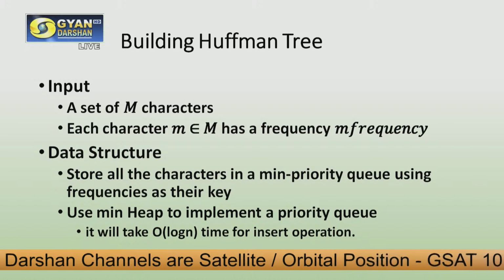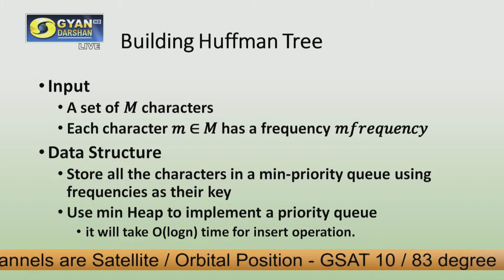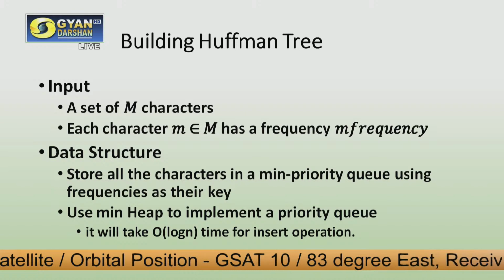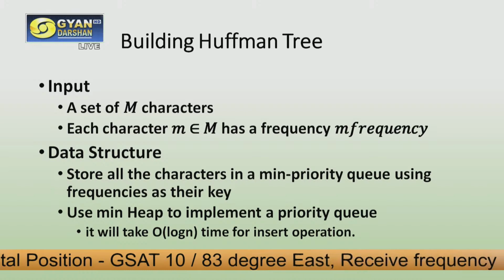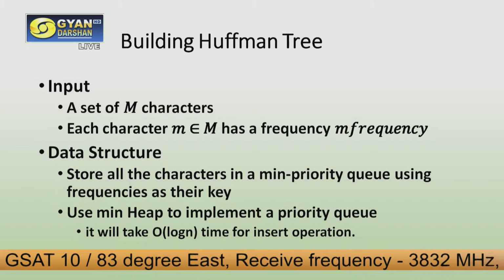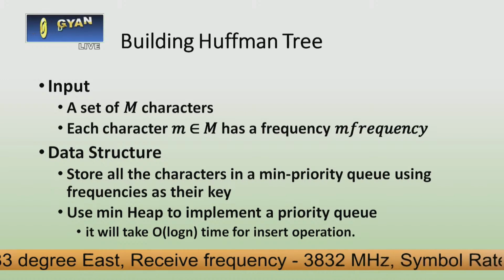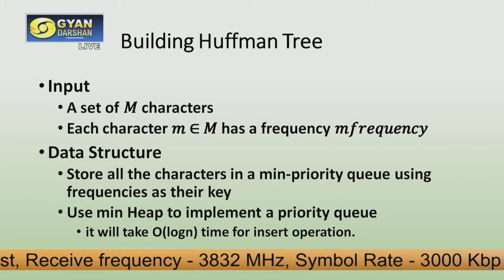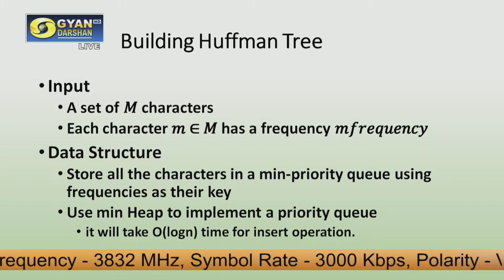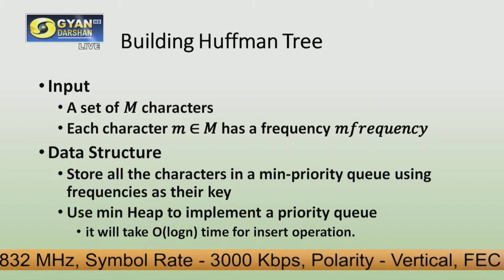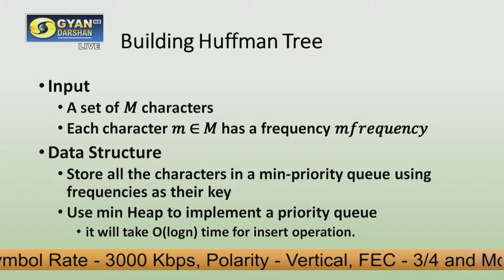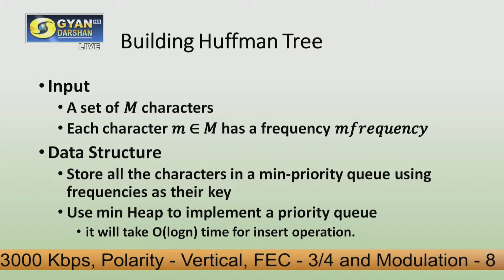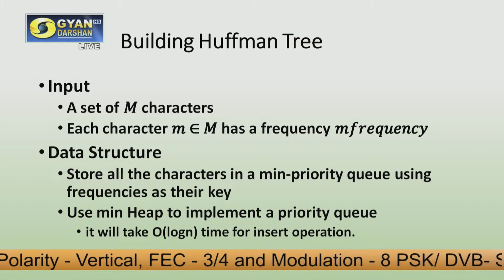Okay, and the data structure which we are going to use, we are going to store all the characters in a min priority queue. So the data structure is going to be a min priority queue, and as you understand, a min priority queue is going to have minimum values at the top and bigger values at the bottom of the tree, or at the leaves of the tree. That is how the min queue is going to work.